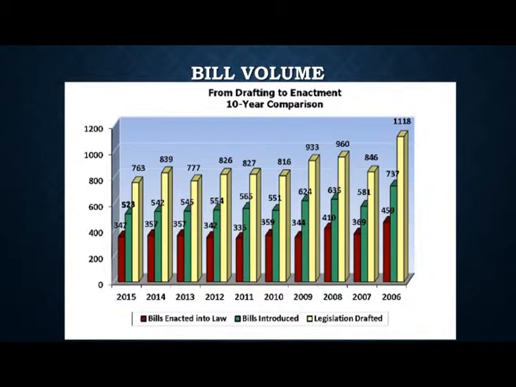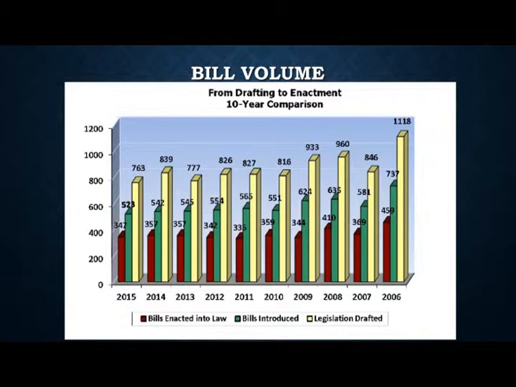Now we're down to about 763, which is a pretty significant decline in legislation introduced. The green bar represents bills that are actually introduced, which in Idaho generally happens when a committee votes to print the legislation.